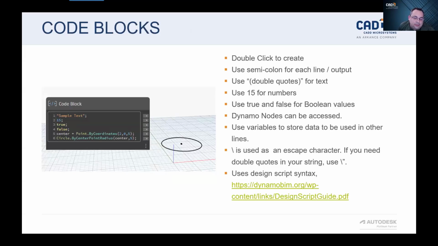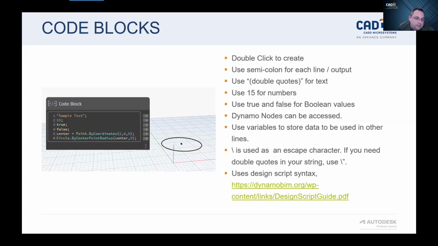Speaking of code blocks, they are great for shorthand. If you put any text inside of double quotes, it'll be counted as a string. If you just type a number, it'll be counted as a number. True and false Boolean values, just type them in lowercase. You can access any of the Dynamo nodes straight from the code block.